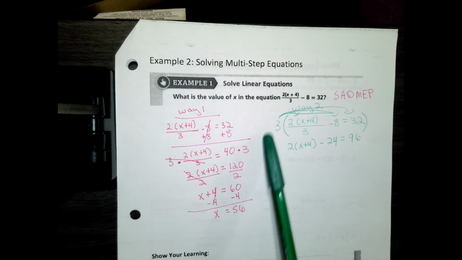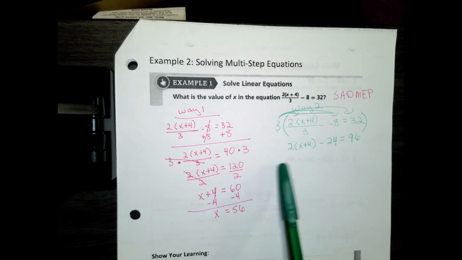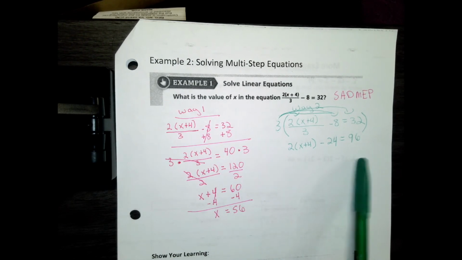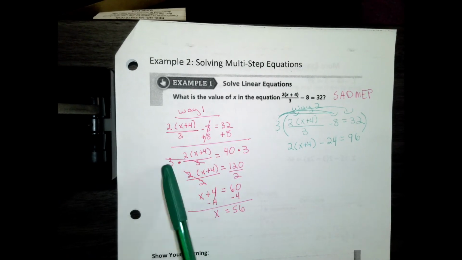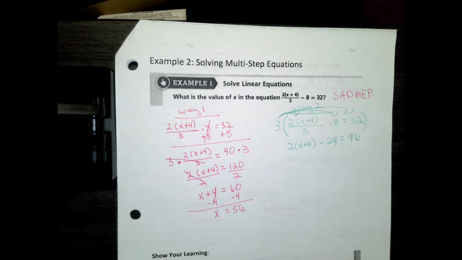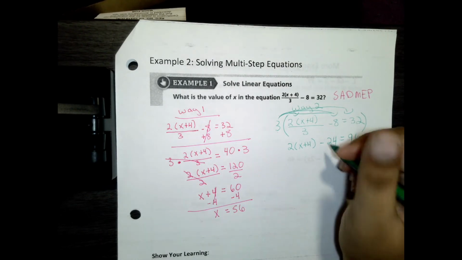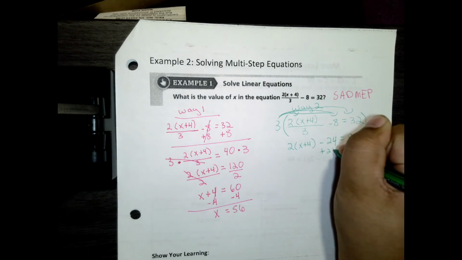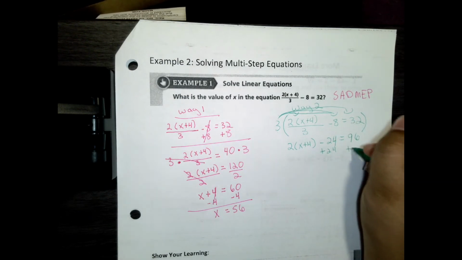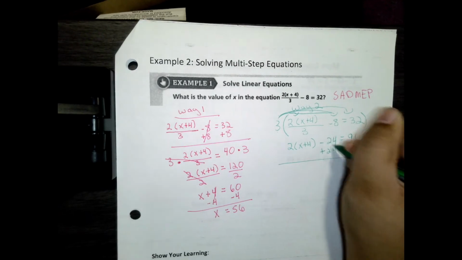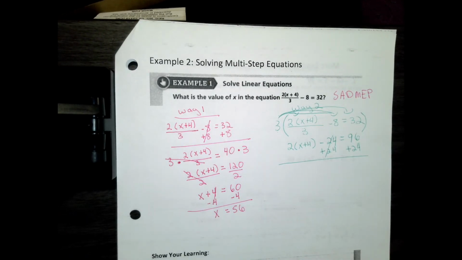We might choose to go ahead and get rid of our fraction because this looks like a much easier thing to solve than remembering to multiply by our 3 when we're dealing with a fraction. Either way you choose to solve it is fine because, as you're about to see, we're going to end up with the same answer. So we're going to add 24 and add 24. We want to get rid of it over here.